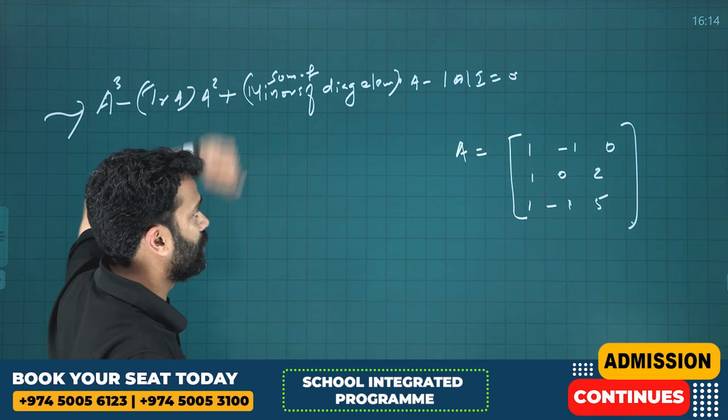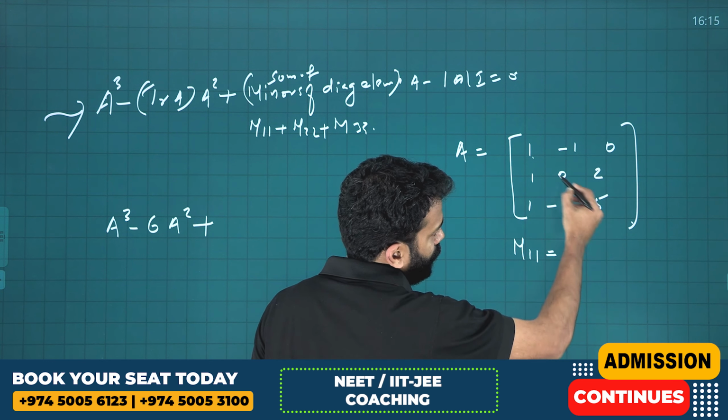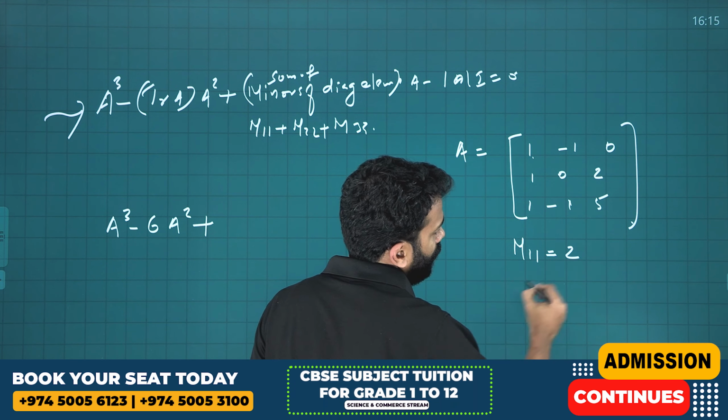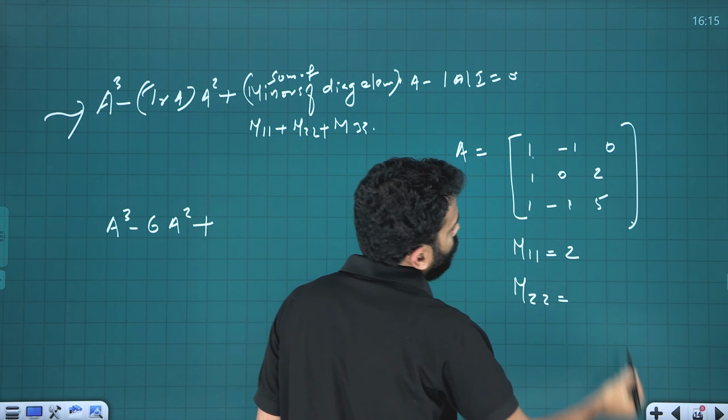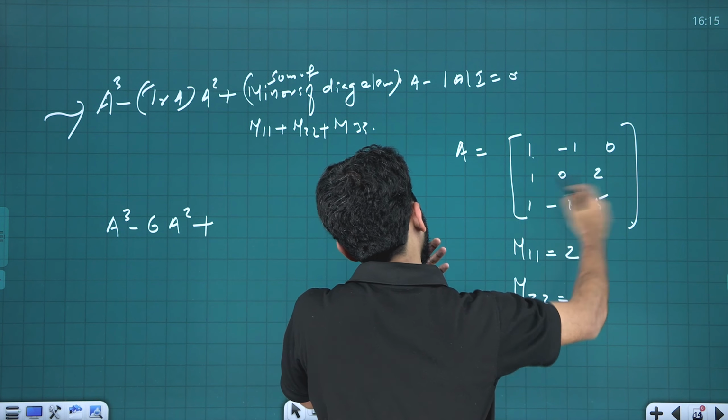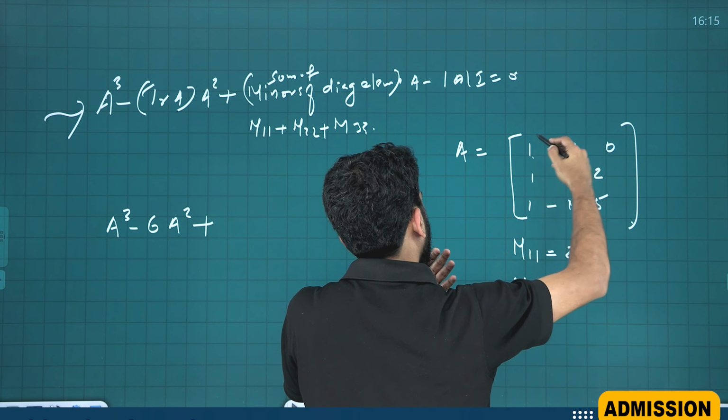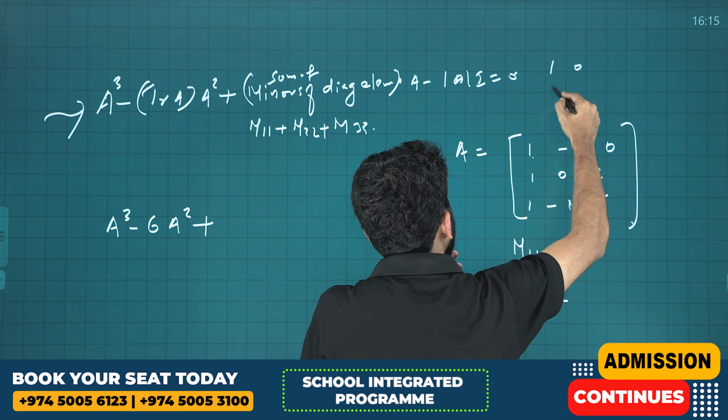We can find them from here. What will be M11? After eliminating first row and first column, it will be 0 into 5 minus 1 into 2, that is minus 2. And what about M22? Eliminating this row and this column, it will be 5. And what about M33? M33 is equal to 1. Just add it, you will get 8, right?